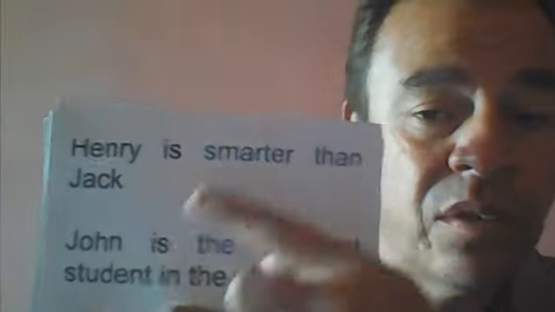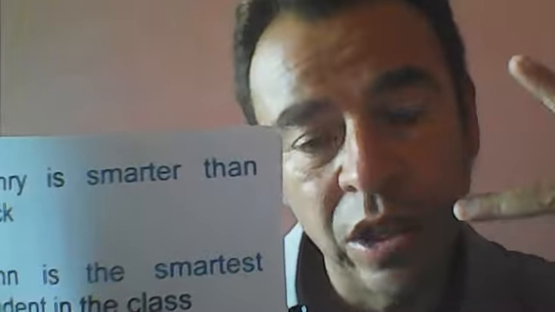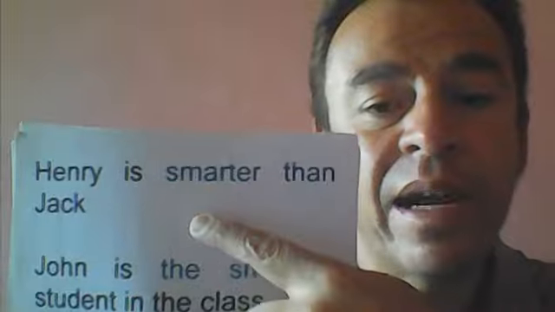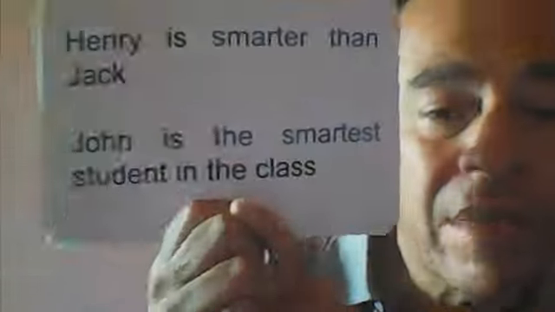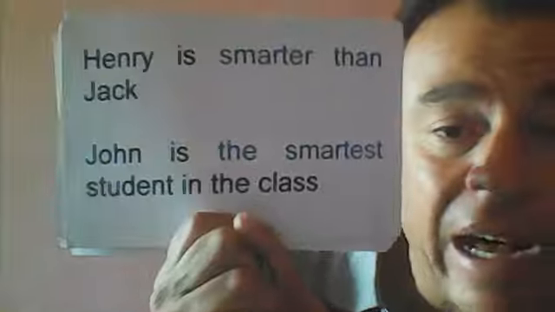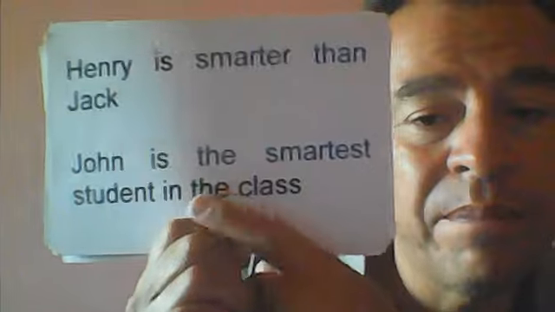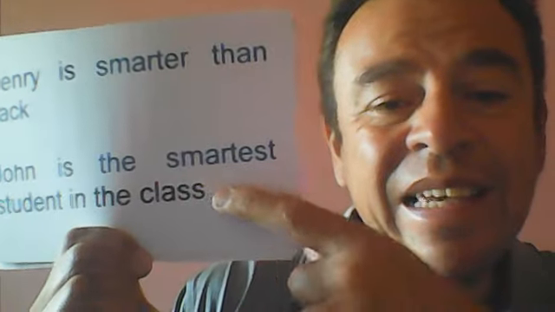Then we have two boys, Henry and Jack. And you make a superlative sentence using article the and adjective smart and est at the end.